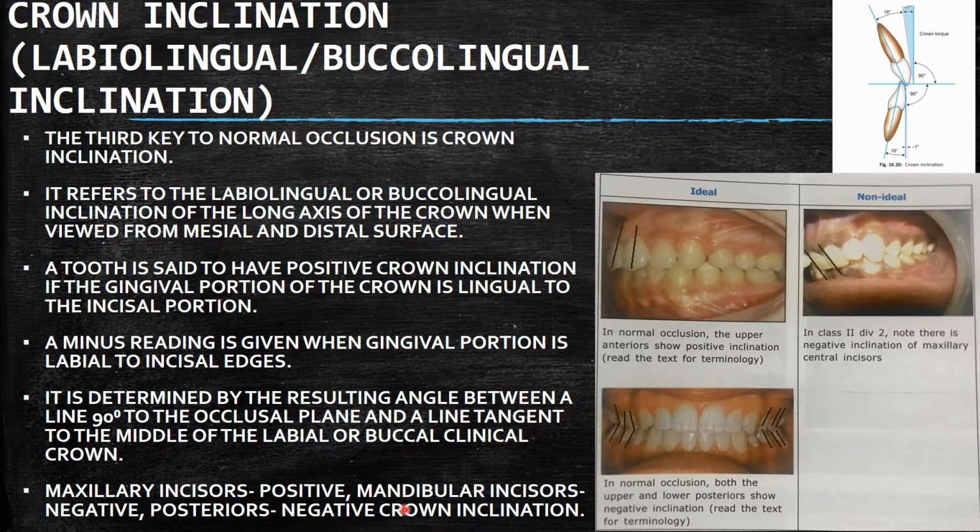But when you're arranging your mandibular incisors, they have this negative because of the way you arrange them. Now over here, as you can see, this is a normal ideal occlusion. You're arranging it such that they should have the proper overjet and overbite. The mandibular incisors have negative, and posteriors have negative crown inclination.